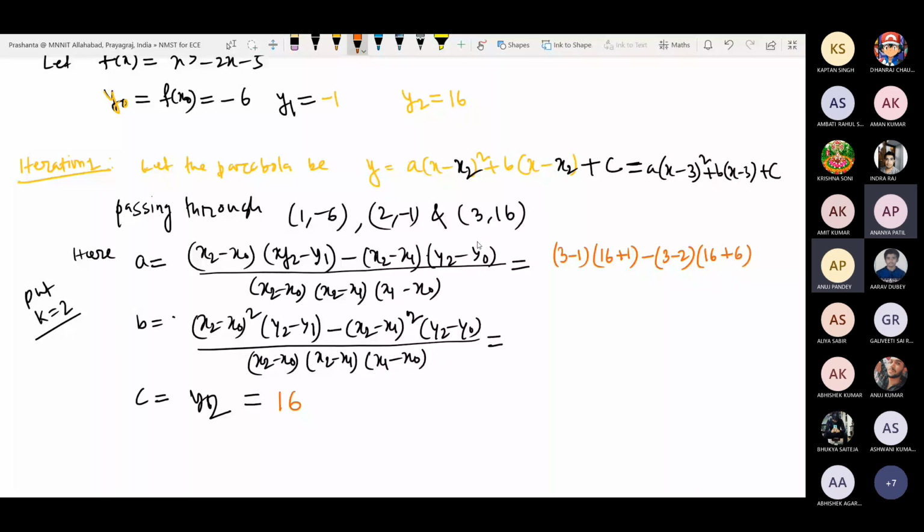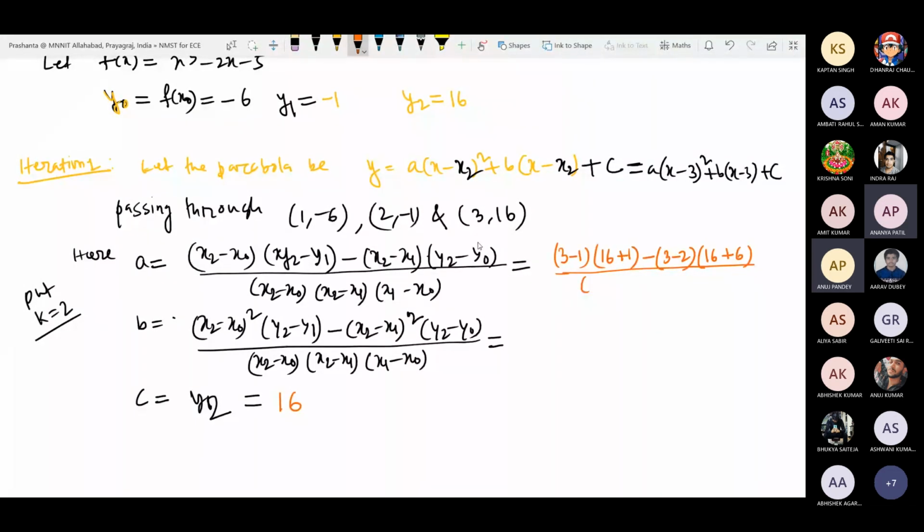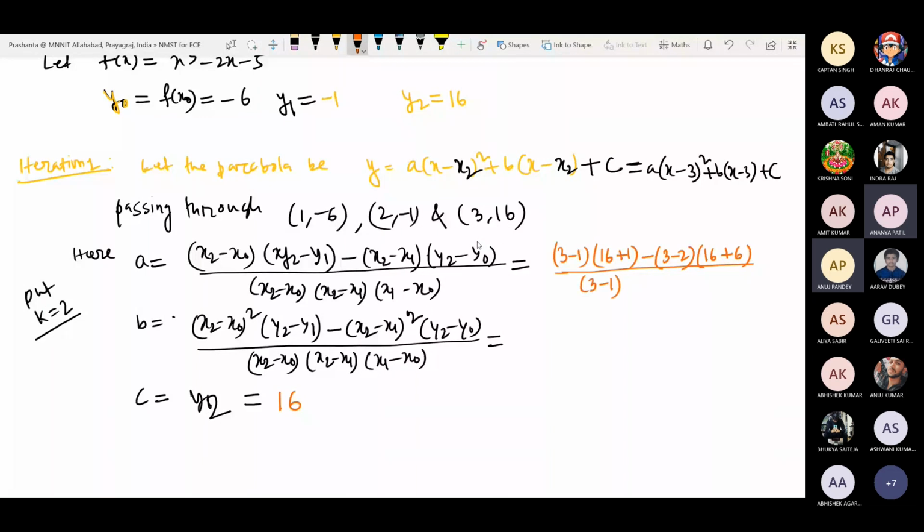Is it okay so far? Students, is it okay so far? Yes, sir. And then in the denominator it will be x2 minus x0, which is 3 minus 1, x2 minus x1, which is 3 minus 2, into x1 minus x0, which is 2 minus 1.